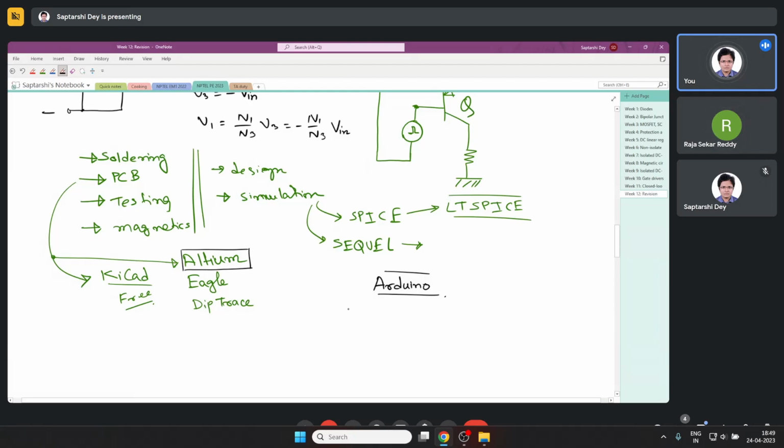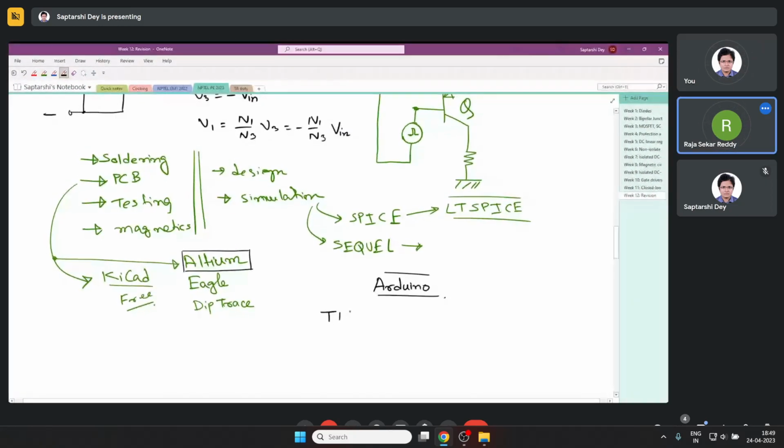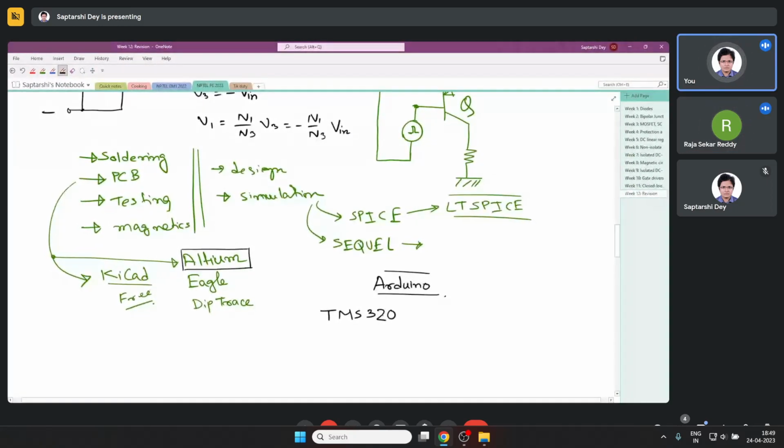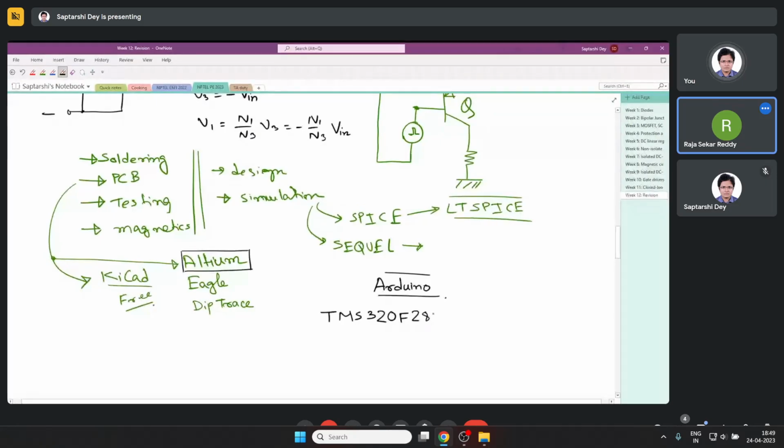Then if you want to look at actual processors that people use, say, the TMS 320 series microcontrollers are used. Like one I used to use, that is TMS 320 F 28379D, something like this.